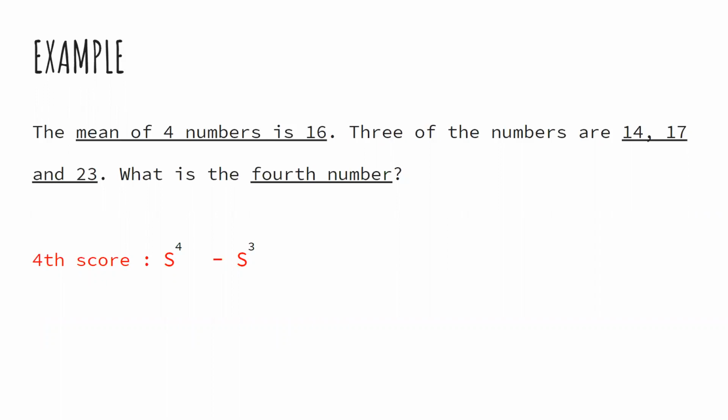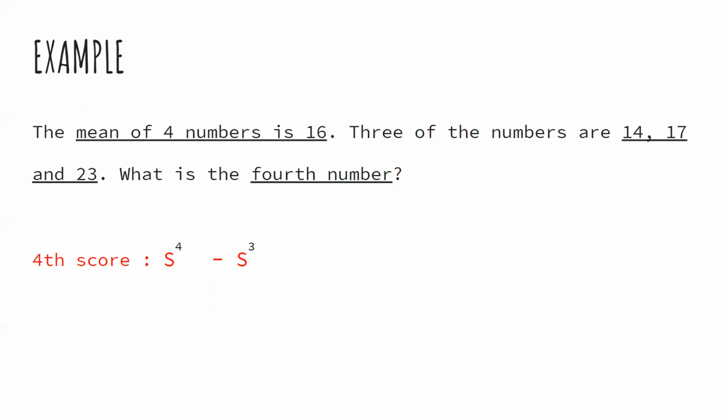What is the 4th number? Start by underlining important words and details. What is the problem asking you to find? They are asking you to find the 4th number, or as I like to call it, the 4th score.